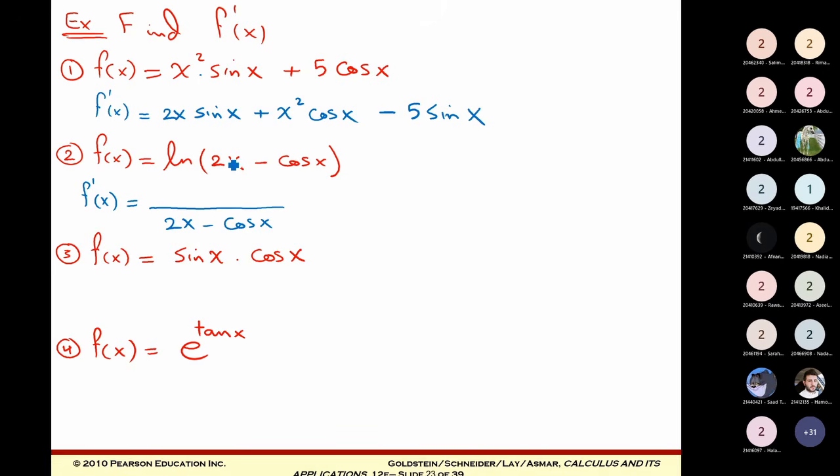What's the derivative inside the ln? 2, this is the derivative of 2x, minus cosine, the derivative of minus cosine is minus sine, negative, so put it positive. Okay. Any question?